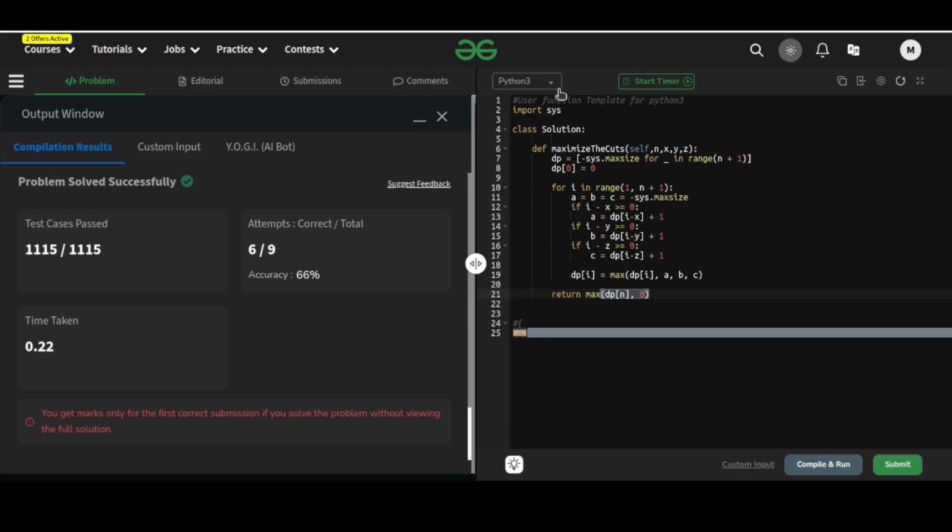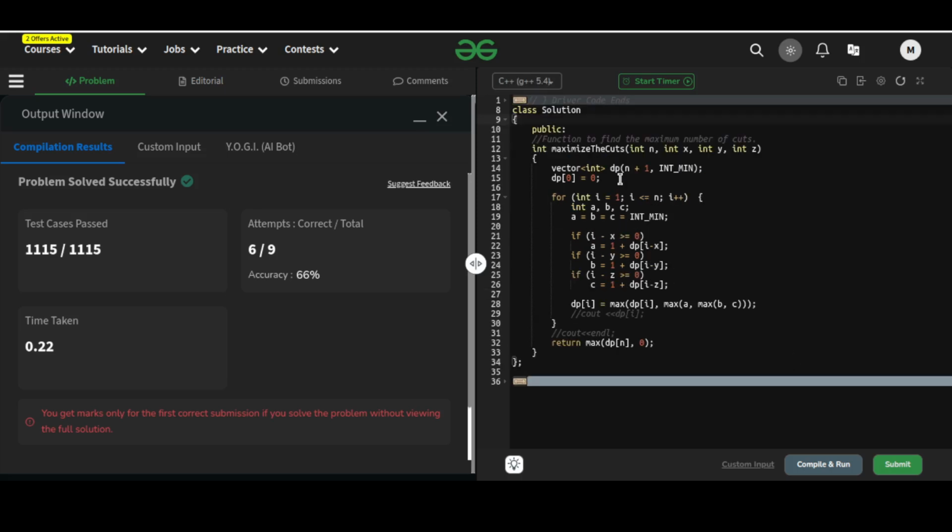Now let us look at our C++ solution. The C++ solution is also the same, folks. Again, we have a dp table, and all values of the dp table are initialized with int minimum. Then the base case where dp of 0 equals 0. Then the bottom-up approach in order to solve this problem.